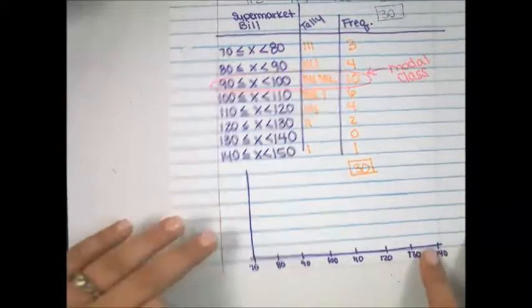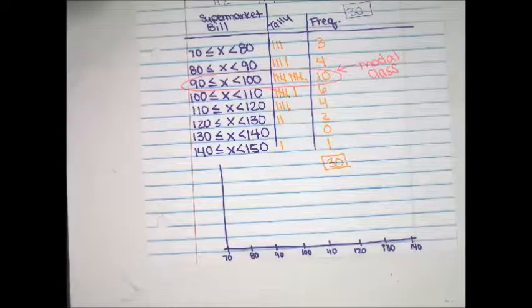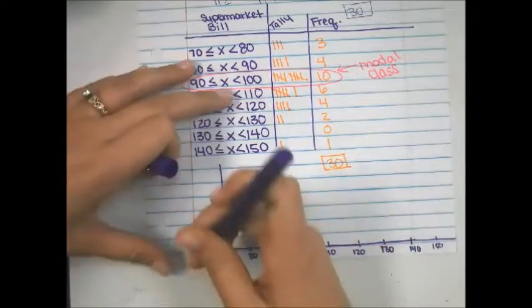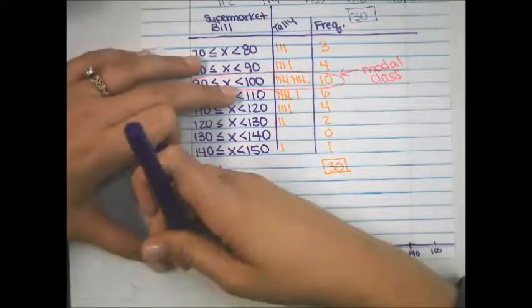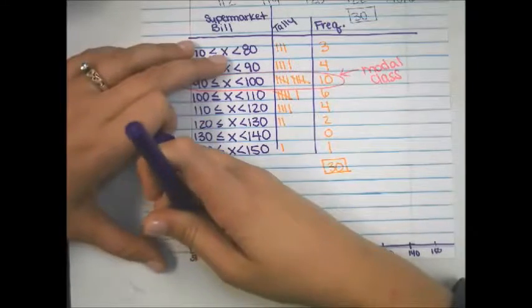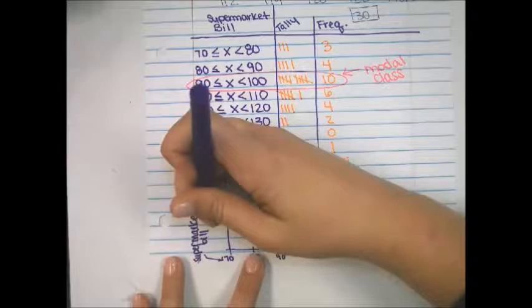Down at the bottom, I'm listing my data, supermarket bill. If I had room to label it, I would. So down here, these are our values for supermarket bill.